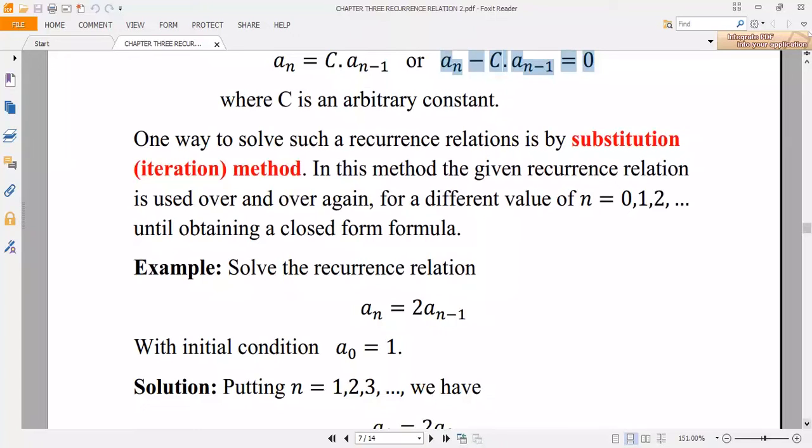As we defined last time, the solution for the recurrence relation is a sequence that satisfies the recurrence relation. So let's see this with an example.